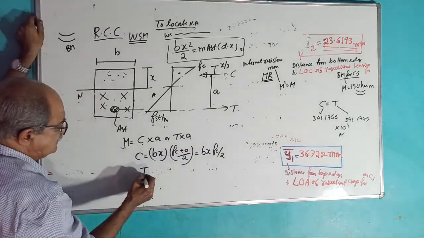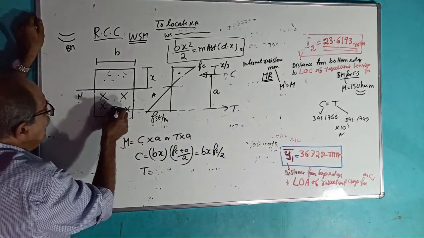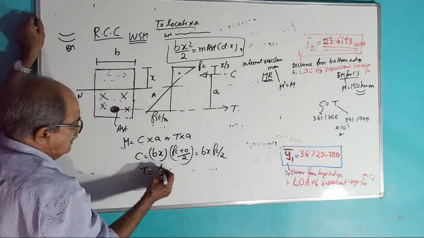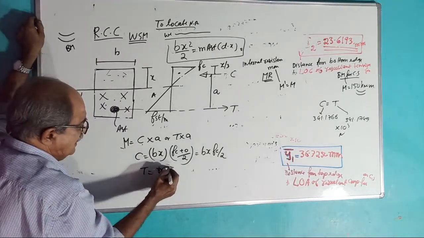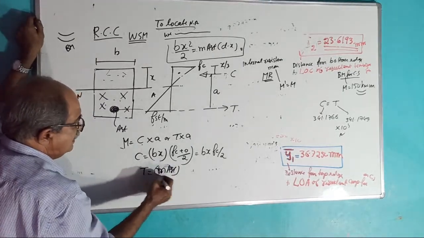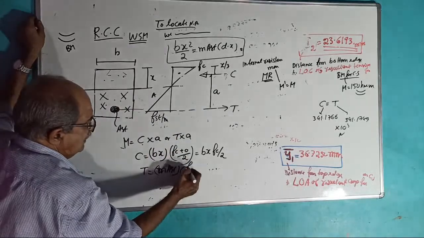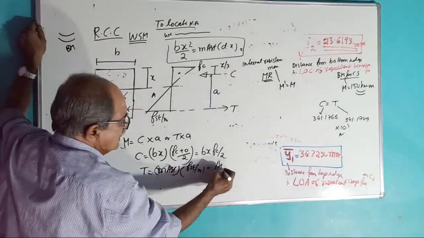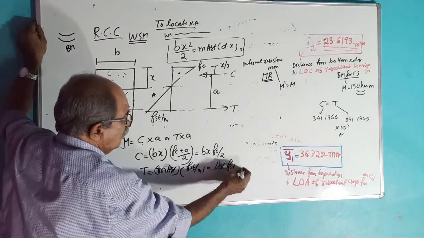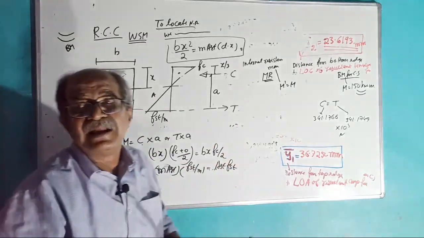And resultant tension equals the area of the steel AST. Actually, if you want, the equivalent area is M times AST into stress FST by M, or it will become AST into FST.